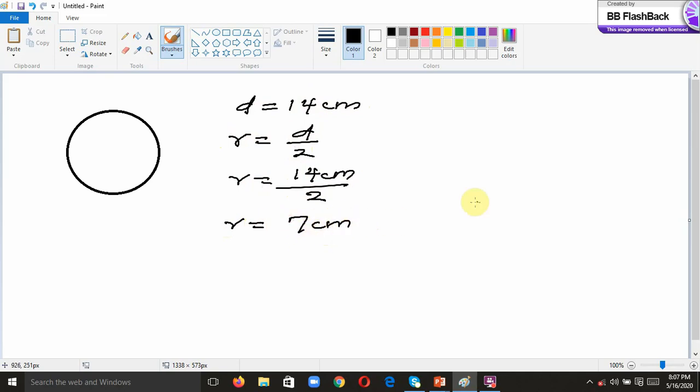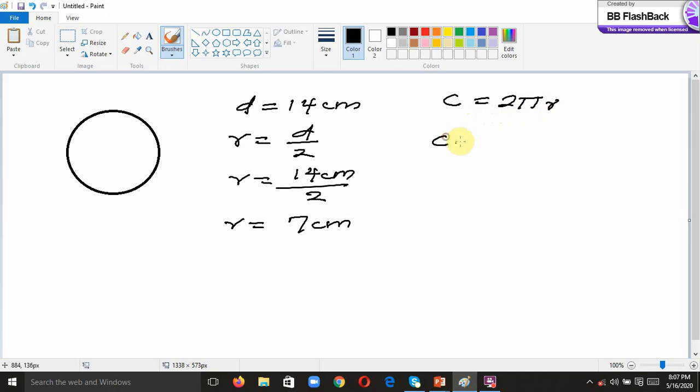So that's our radius. Now what's the perimeter of a circle, circumference of a circle? Now the circumference or perimeter of a circle is 2 pi r. Now I mentioned this in the first video. I said pi is always 22 over 7.